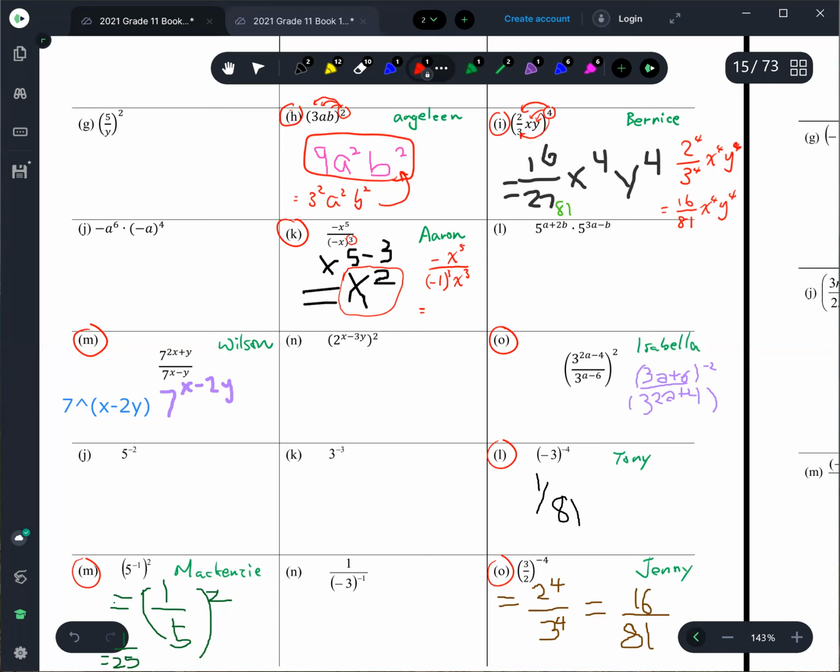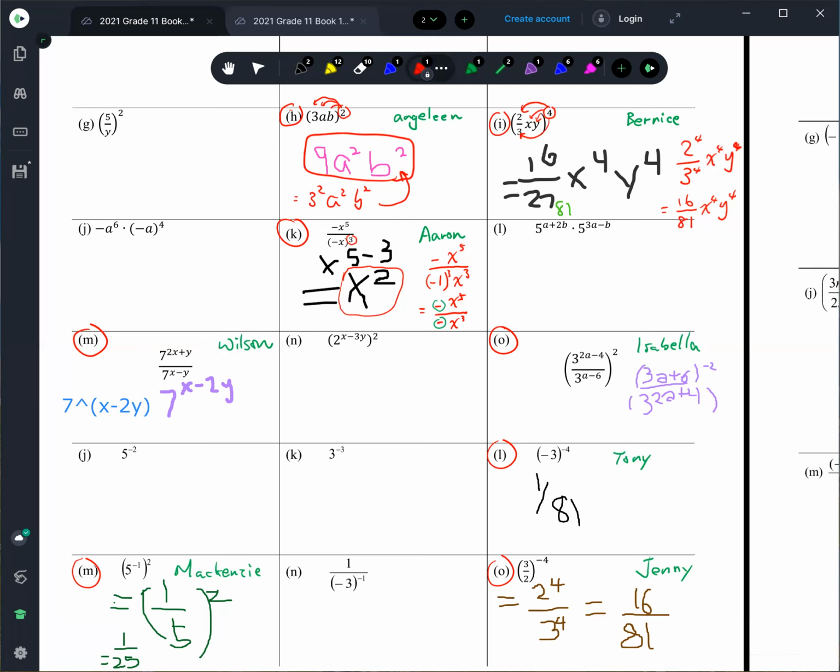Okay, and then you have negative x to the 5. Negative 1 times itself 3 times is still negative x to the 3. And now the negative and negative, they divide each other, makes it positive, and then x to the 5 divided by x to the 3 will give you x squared. So you'll end up with the same answer there. Just make sure your steps are correct.